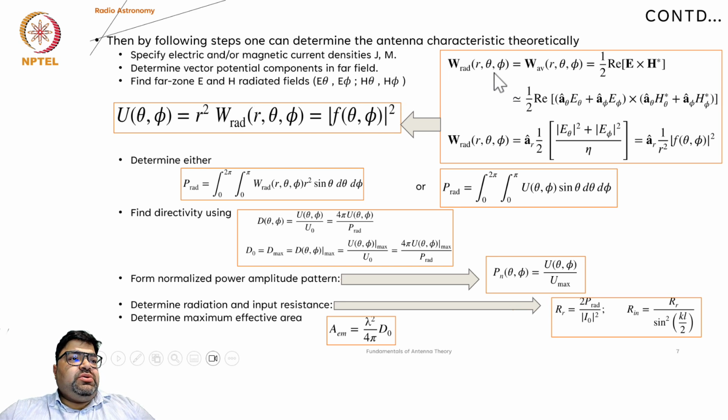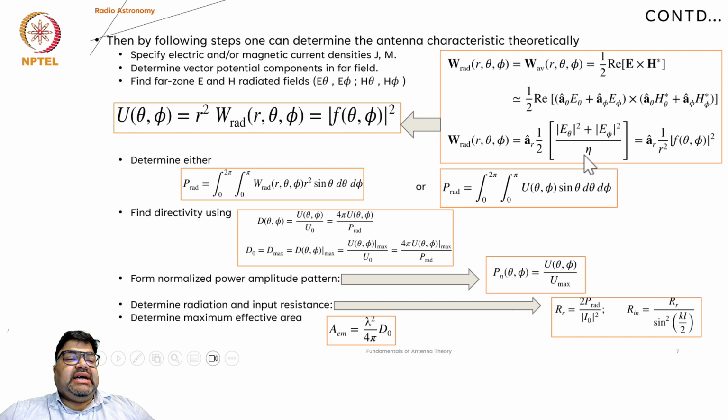So we got the W radiation in terms of R, theta and phi. W rad is the real component of the Poynting vector, real of E cross H, and since we know the E theta and E phi, the H theta and H phi components can be written in terms of that. So W rad can be written in terms of E theta square plus E phi square. In the case of the Hertz dipole, we know that E phi does not exist, so we can write it in that form.